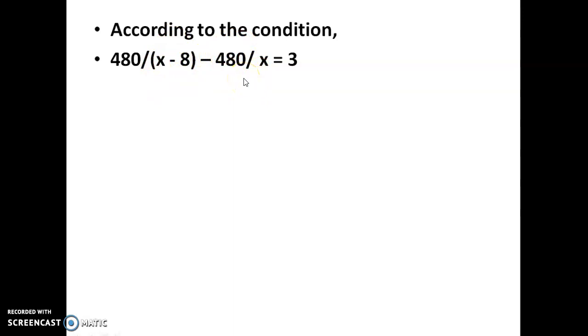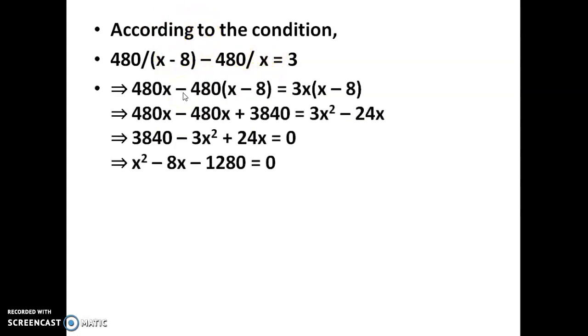Then in the denominator, these two will be multiplied. Let me write it here. This is how it will be, and this product is taken to the RHS, so 3 into x minus 8, with the LHS denominator brought to the RHS numerator.